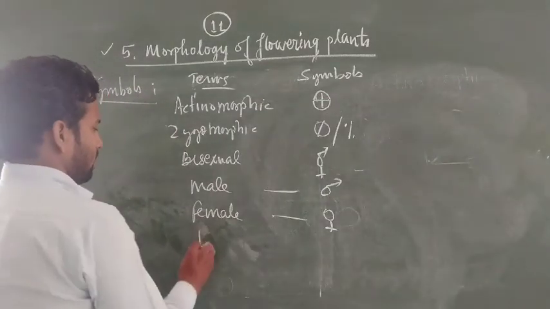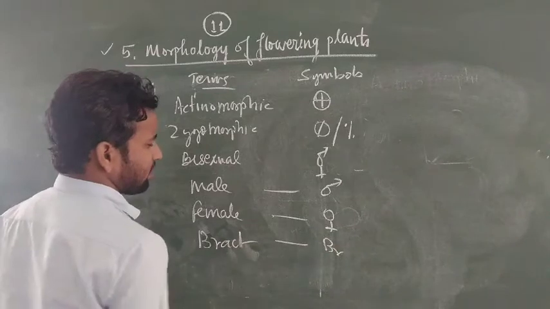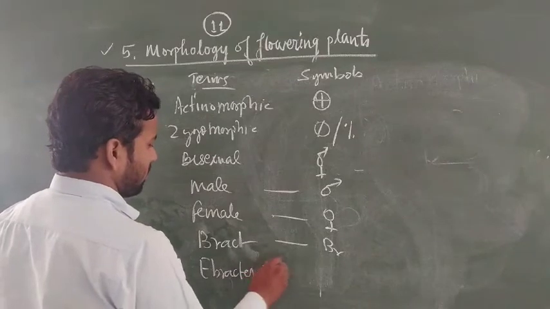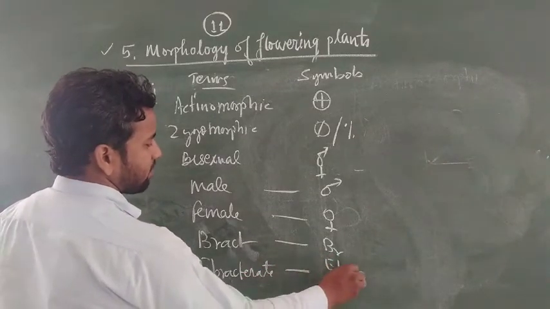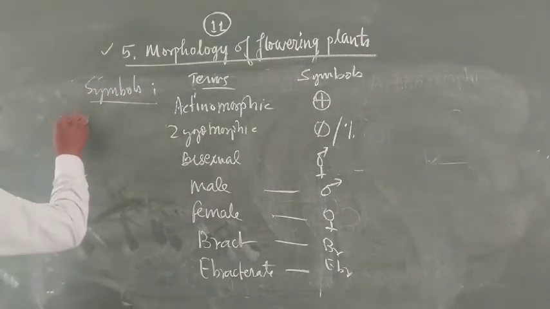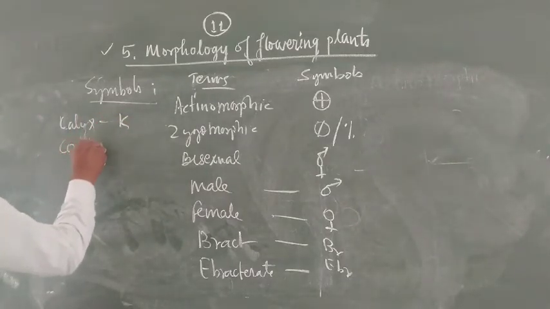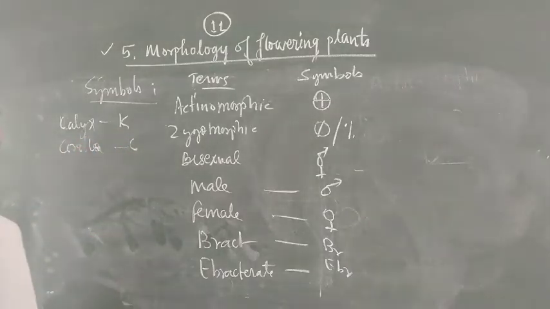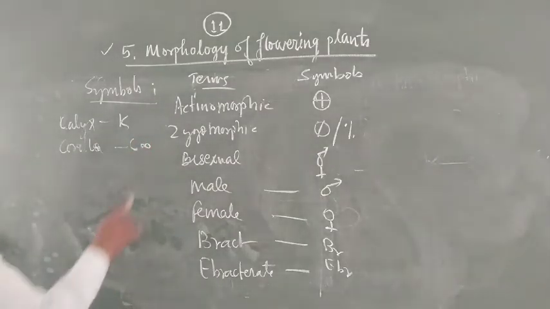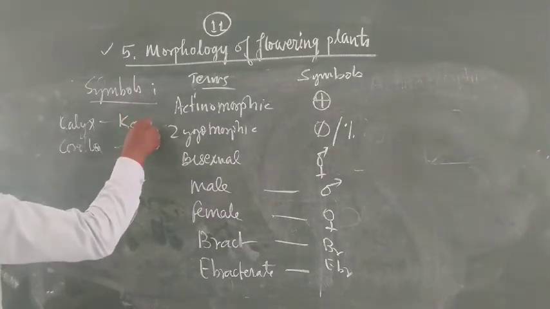Clear? If a flower has a bract, it is called bracteate. If the flower does not have any bract, it is called ebracteate, also represented by the symbol EBR. The next symbol: calyx is represented by K. Corolla is represented by C. If the corolla has numerous petals, it is represented by infinity. If there are 4, write 4, if 5, write 5. Calyx is the same: 5, 4 or infinite.